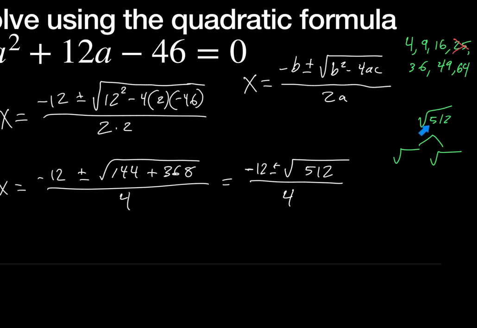If you look at these digits, 5 plus 1 is 6, plus 2 is 8. I don't know if you remember all the divisibility rules. If the numbers that I add together are divisible by 3, then 3 goes into it, which would mean 9 might. 5 plus 1 is 6, plus 2 is 8. 8 is not divisible by 3, which means 9 will also not work.